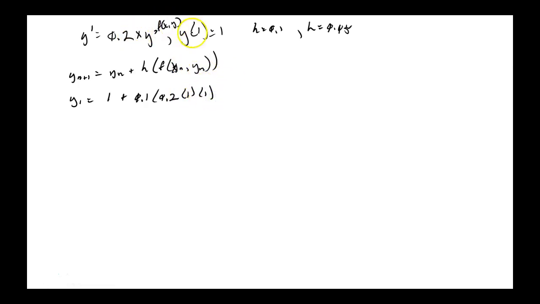Because you're starting x equal 1, y is equal to 1. So that's a formula a lot simpler this time. So let's just do it here. That would be 1 plus 0.02. So that would be 1.02. And that's what they got.